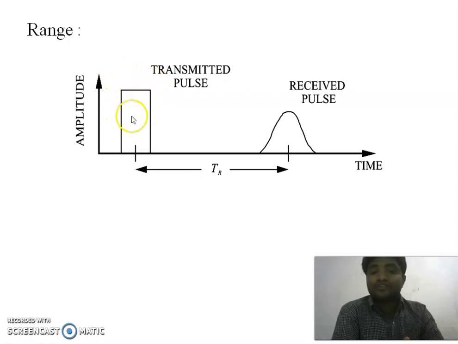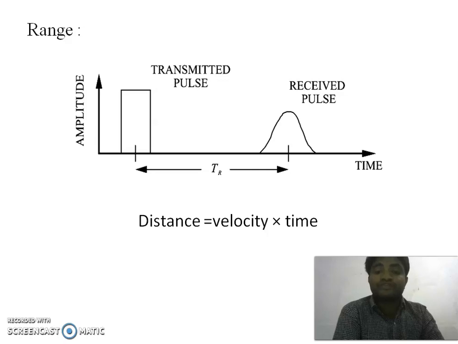First we transmit a pulse. After some time, after the round trip delay, we get the echo pulse. This is the transmitted pulse, and after the round trip delay we get the echo. From the basics of physics, distance equals velocity into time.